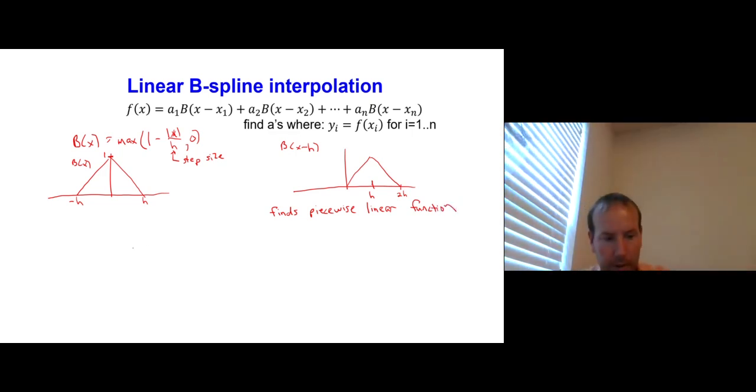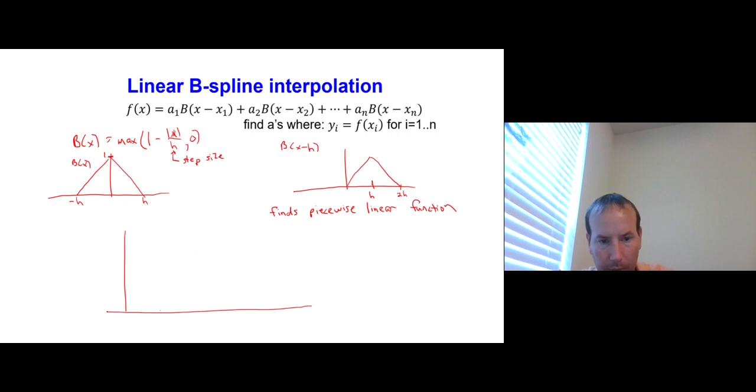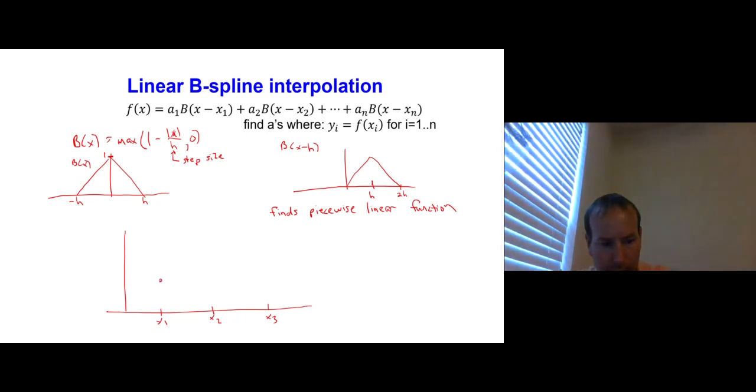Okay. And so graphically, I'll show you down here at the bottom. If you have x1, x2, and x3, and points y1, y2, and y3, then we're looking at a sum of basis functions that will end up connecting exactly through our data points.